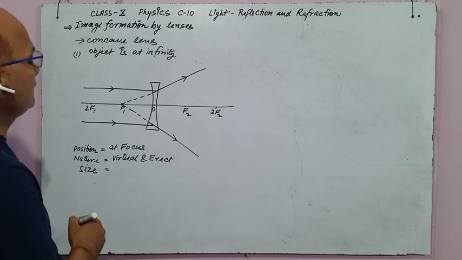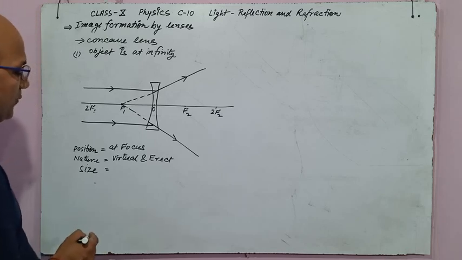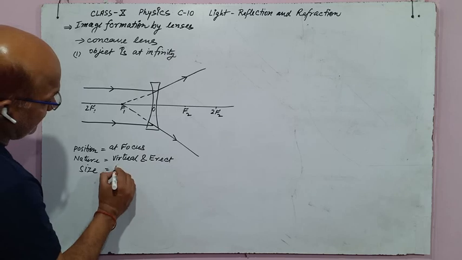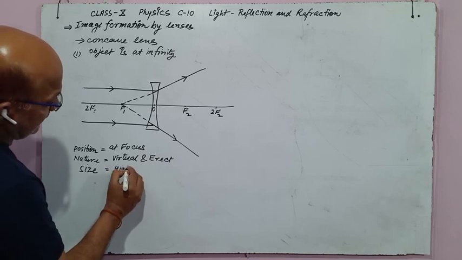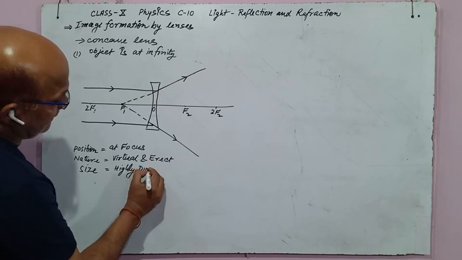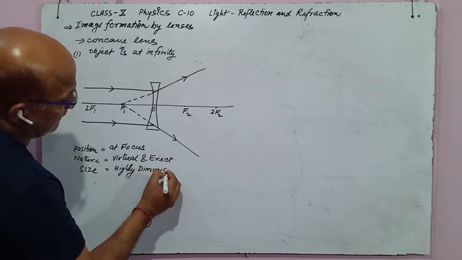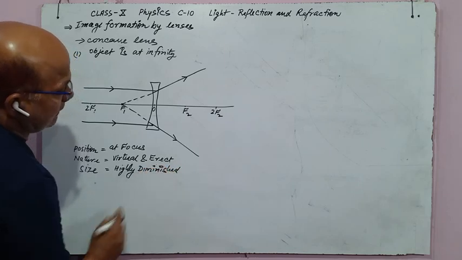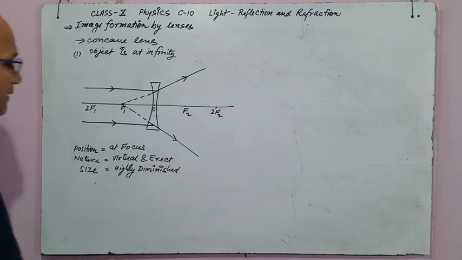Because the image is at focus and it is point size, so we will use the term highly diminished. The image is highly diminished.